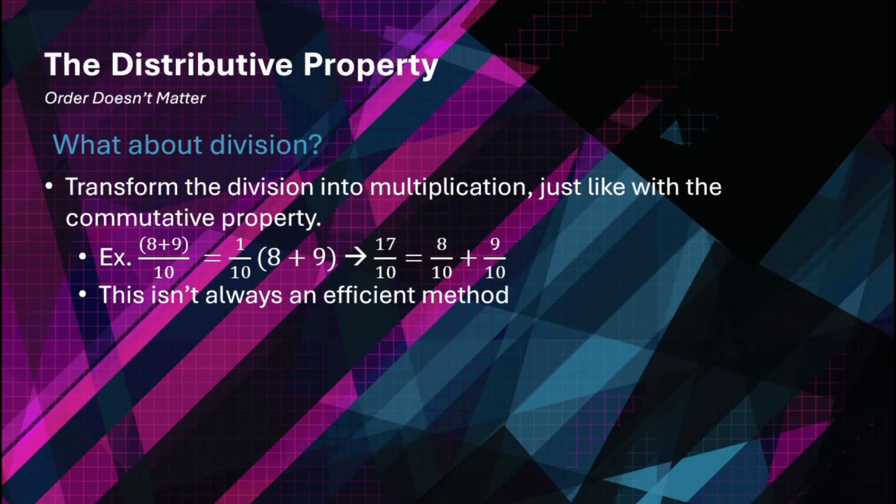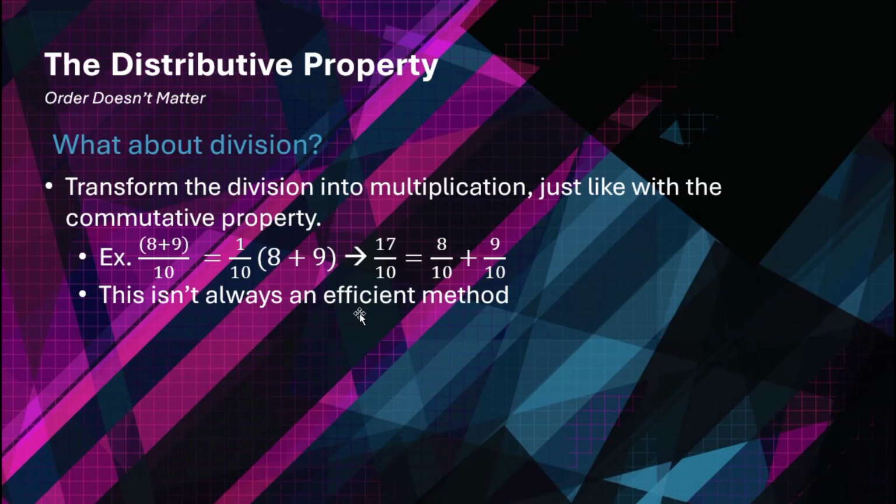So just like before, when we pulled out the 1/4, we pulled out the 1/8, we can pull out 1/10 and then just have 8 plus 9 hanging out there on its own. If we were just to do 8 plus 9 all over 10, that's just 17 over 10. That's this right here.